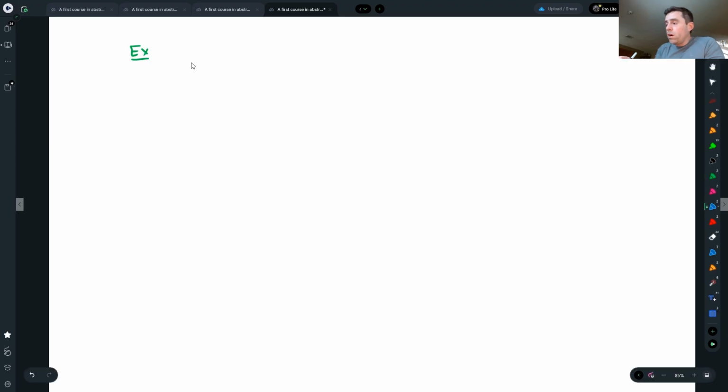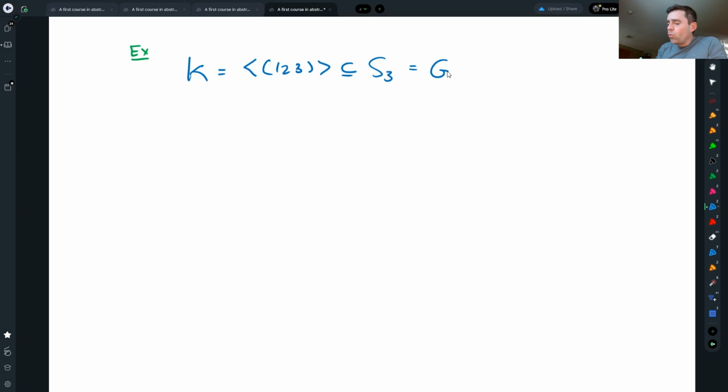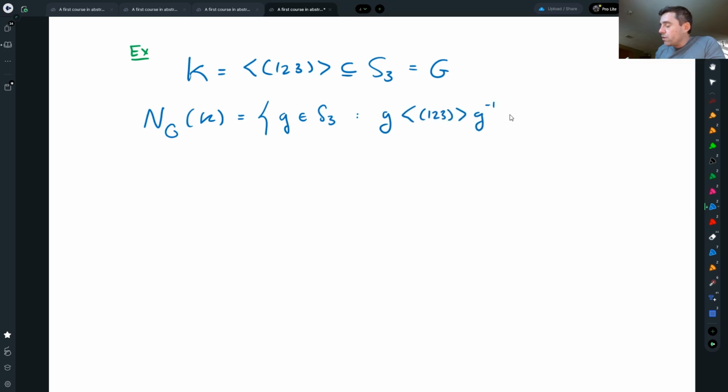So now we don't want an abelian group, so let's do something non-abelian. Let K be the subgroup generated by (1 2 3) in S3, that's my group G. So what is now the normalizer of K? Now it will be every g in S3 such that g(1 2 3)g inverse gives me all of (1 2 3) back.